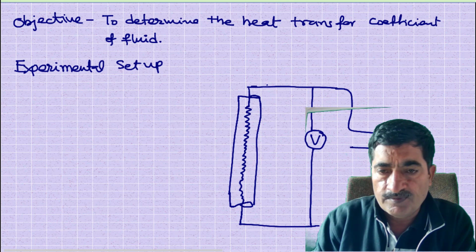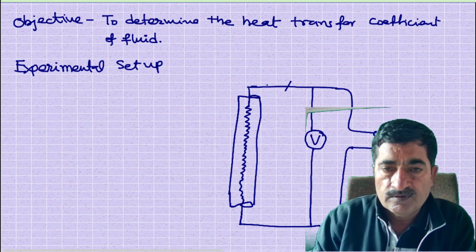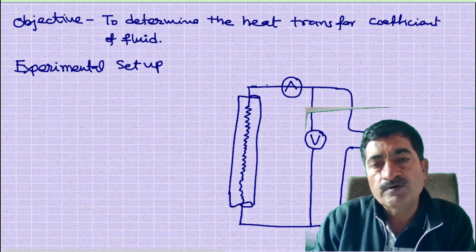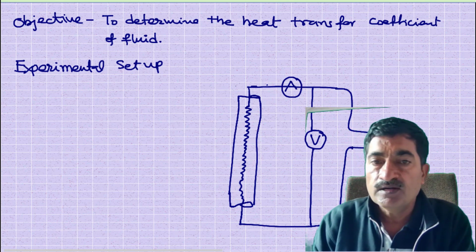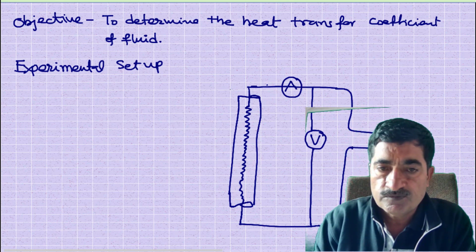This is the main power supply, and here this is the ammeter, and this vertical tube is connected in the box which is open at the ends.